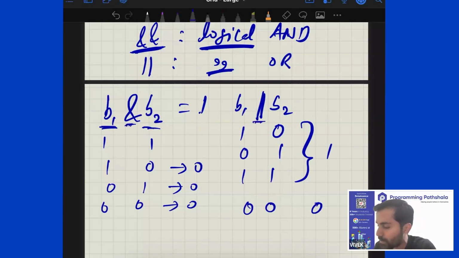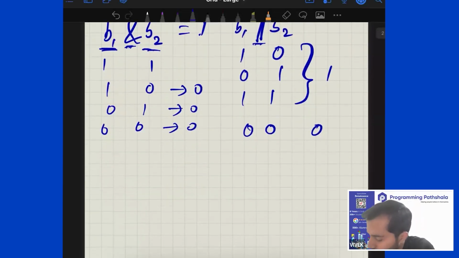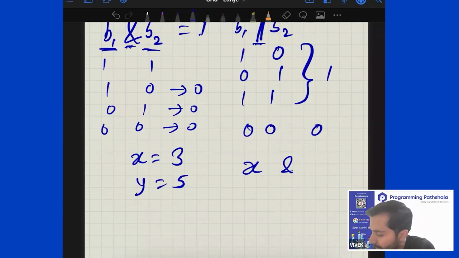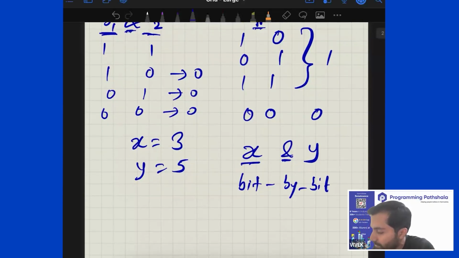Now, if you take any two integers, so let's say your first integer is x equals 3 and the second integer is y equals 5. And now if you take x and y, how do things work? Then this AND operation is applied bit by bit. So just imagine that x, which is 3, is written in its binary representation, which is 1 1.